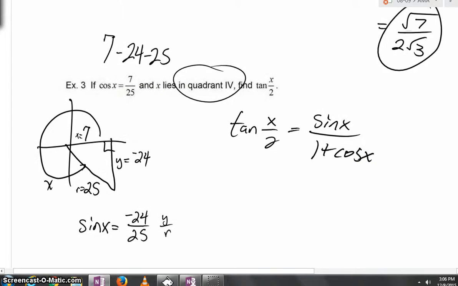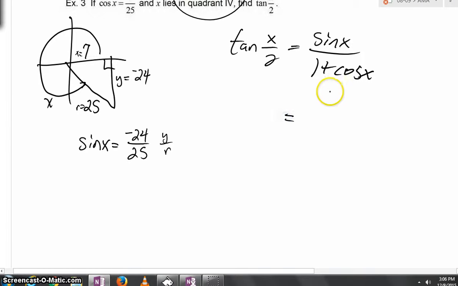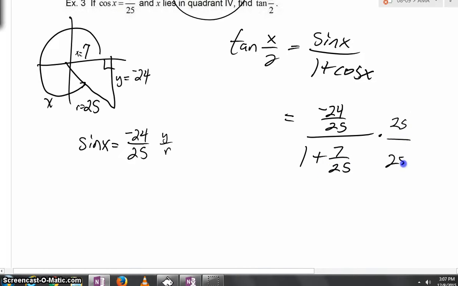Guys, we just have one little bitty thing to finish up here. We're going to have sine. Well, that's negative 24 over 25. 1 plus cosine, well, that's 7 all over 25. And yeah, we could break this down the good old-fashioned way like we were doing, or we could do it more algebraic. To get rid of complex fractions, what could I multiply to the top and the bottom? 25. Up on top, the 25s would cancel. You'll get negative 24.